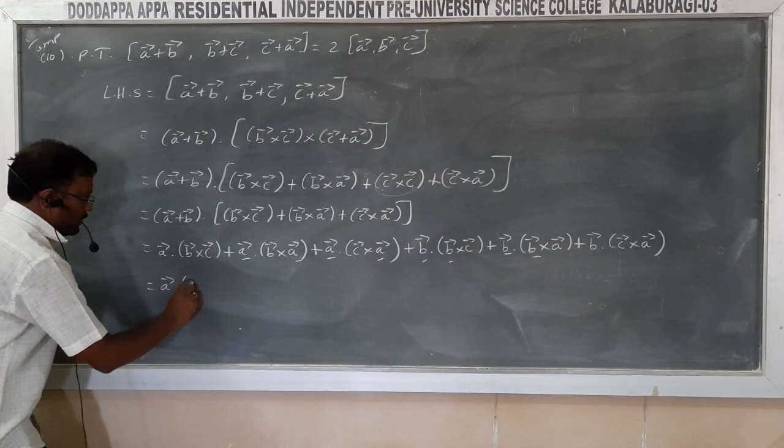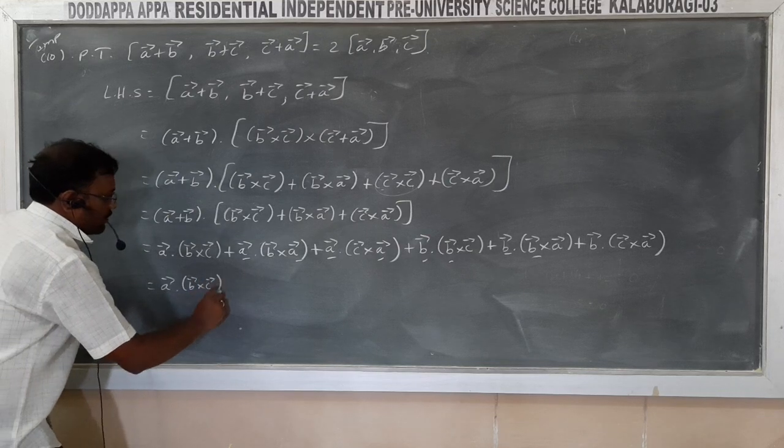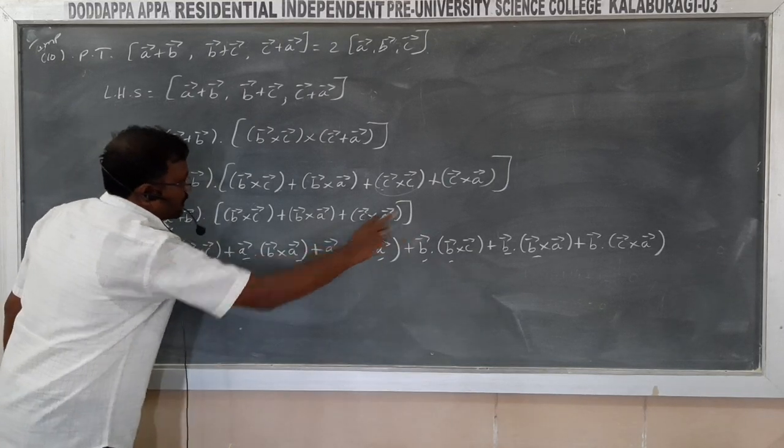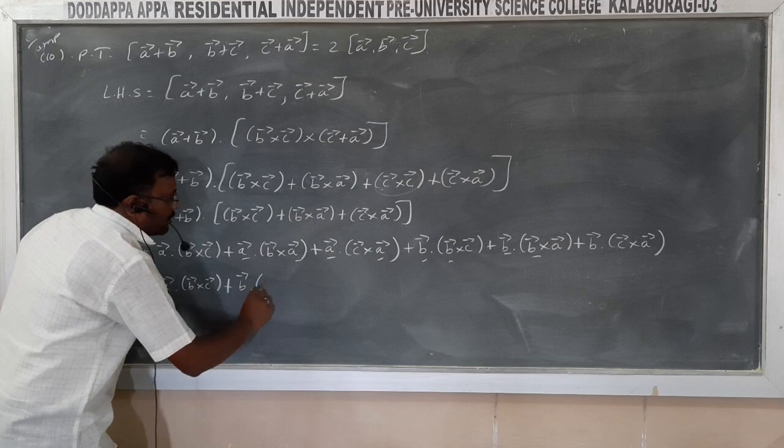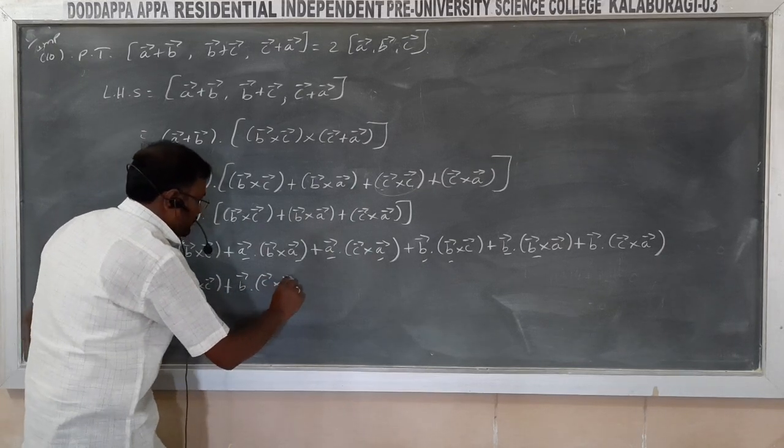The remaining value is A dot B cross C, plus these all terms are 0. The last one will come as B dot C cross A.